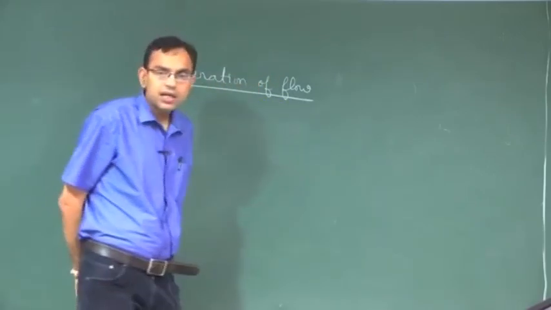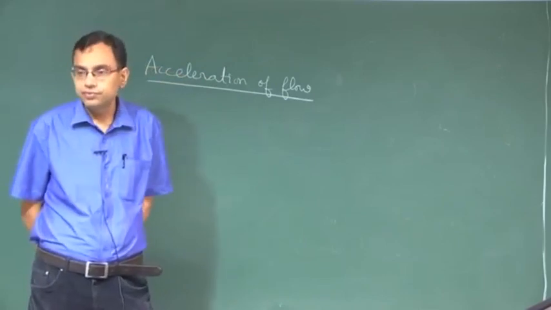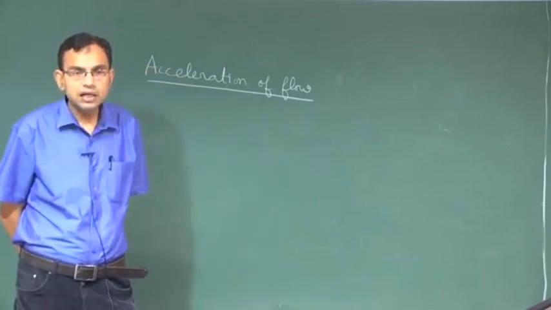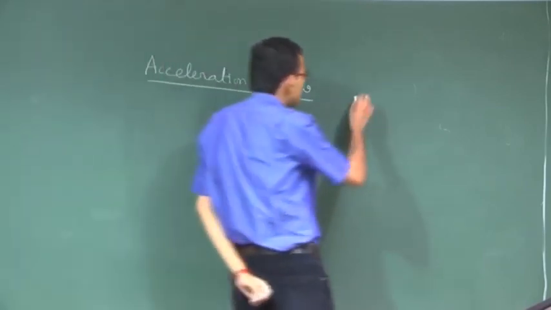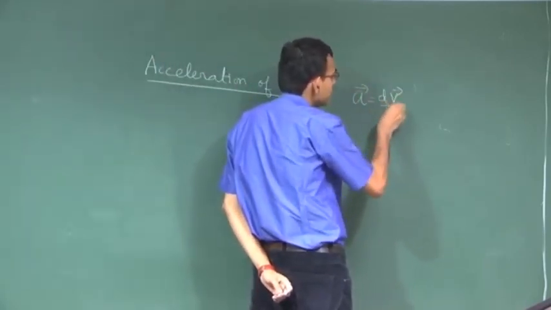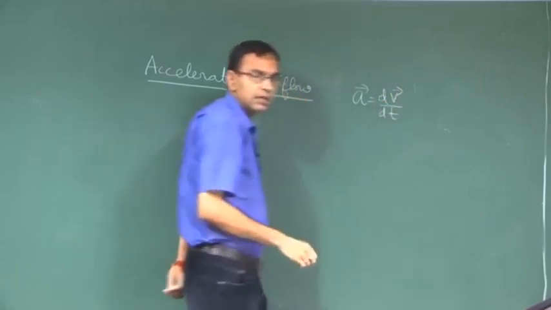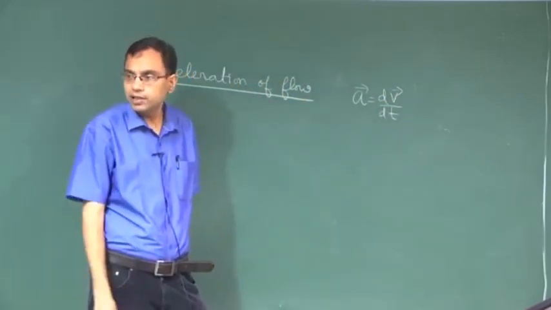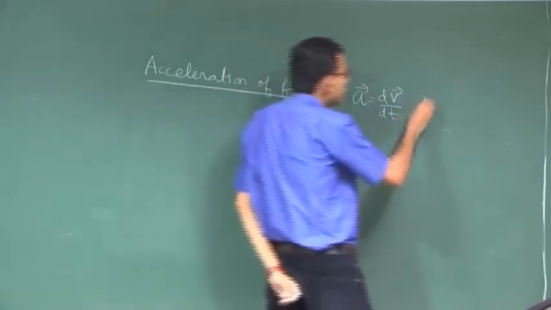The big question is, what is the big deal of studying acceleration? We can just similarly say that acceleration is dv dt, as in basic school level mechanics. What is wrong about this?